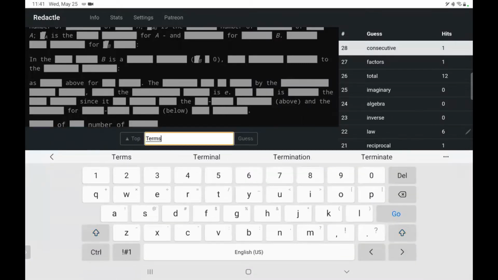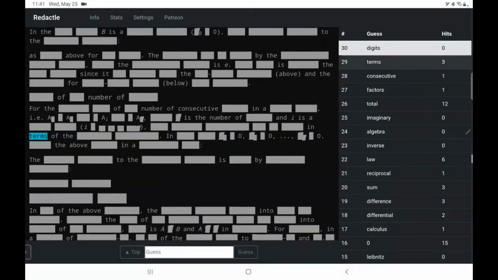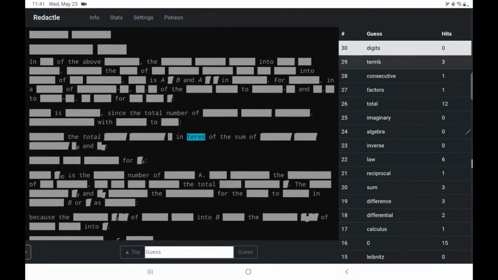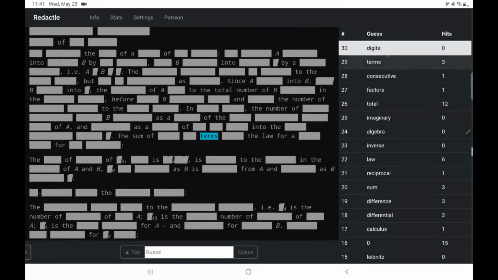Consecutive terms. No. Oh, consecutive digits. No. Let's see our terms. Oh, okay, in terms of the something something. Terms of the sum of something.